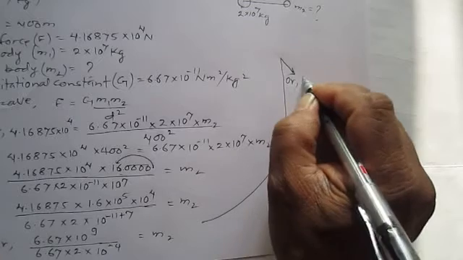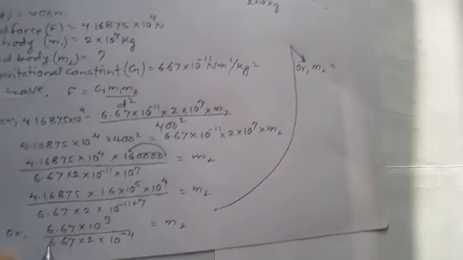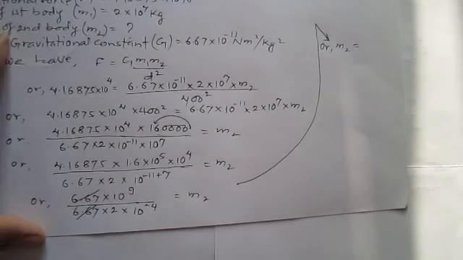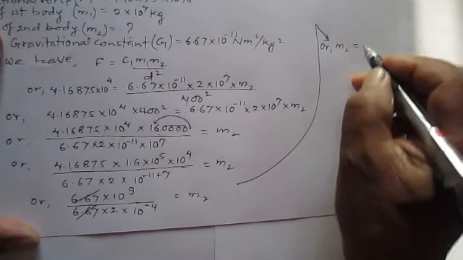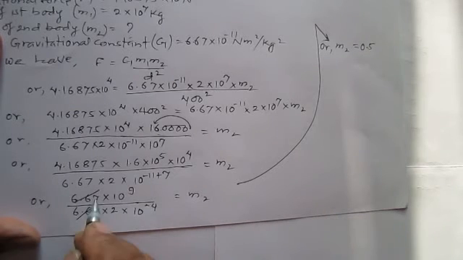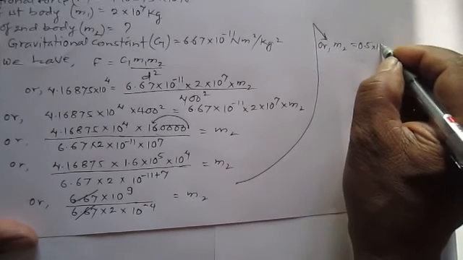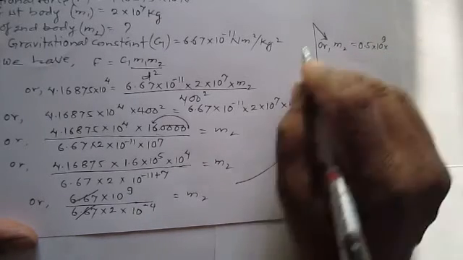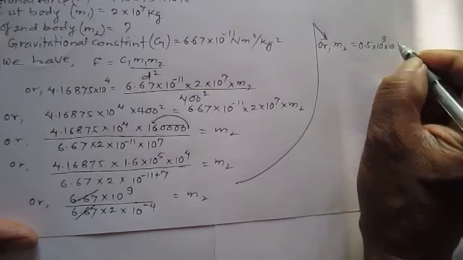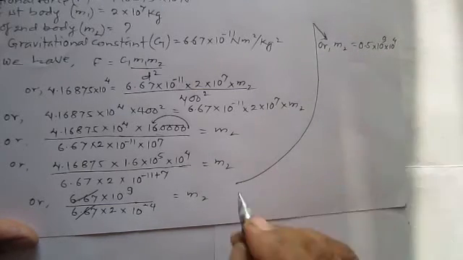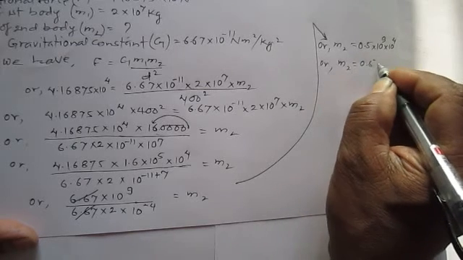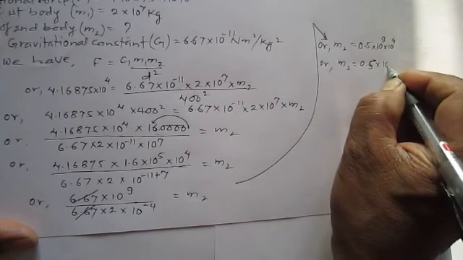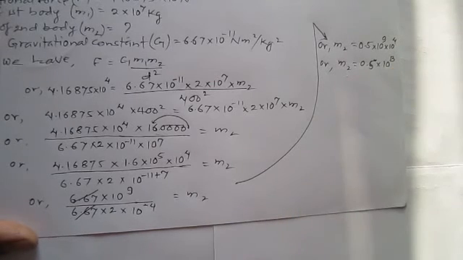M2 is equal to 6.67, and 6.67 can be cancelled, and there is 1 in the numerator. 1 divided by 2 becomes 0.5, and 10 to the power 9 into 10 to the power 4, if taken in the numerator, minus 4 becomes plus 4, and therefore we can write this way: M2 is equal to 0.5 into 10 to the power 13.